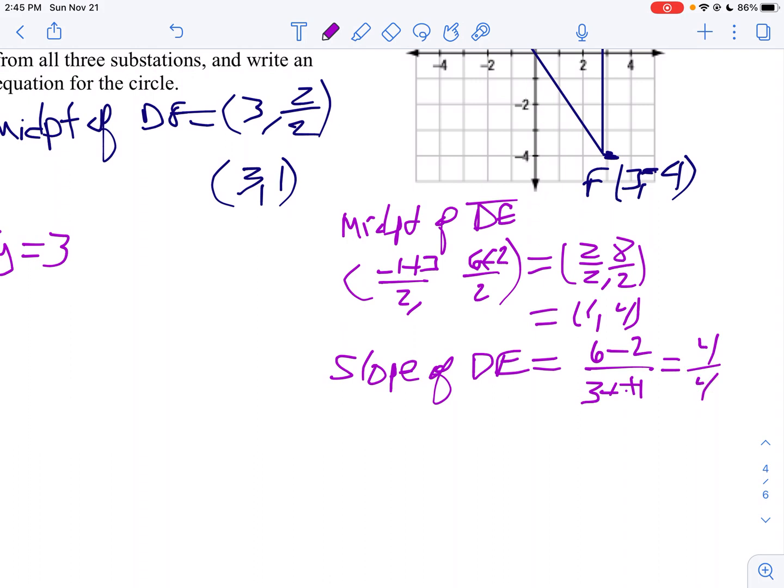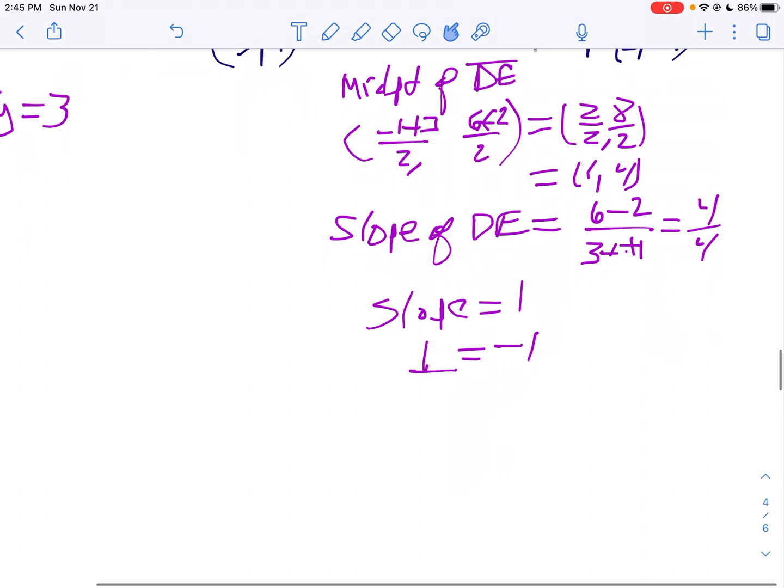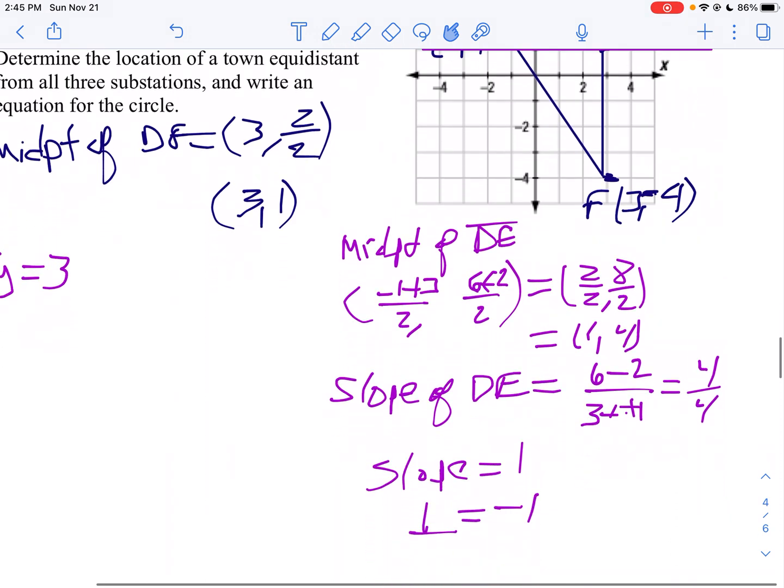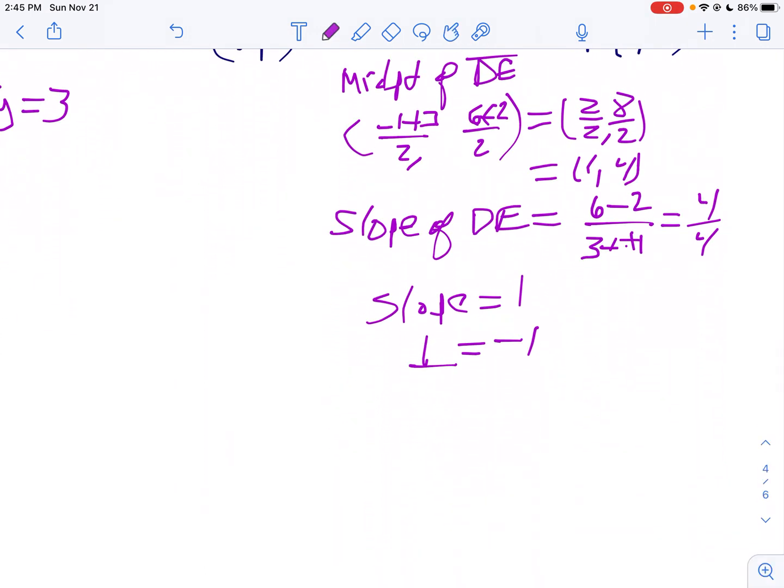So I know my slope is 1. Well, I know the perpendicular slope is the opposite reciprocal of 1, so my slope is -1. So let's write the equation of my line. I'm going to pick my midpoint, which is (1, 4). I'll write this in point slope form because I know the point and I know the slope of the line that's perpendicular to it. So y minus 4 equals -1 times x minus 1.